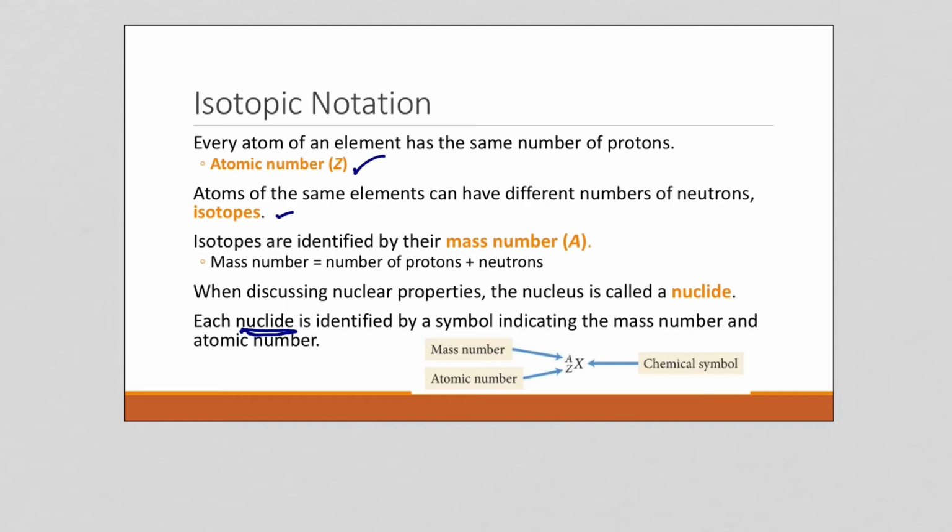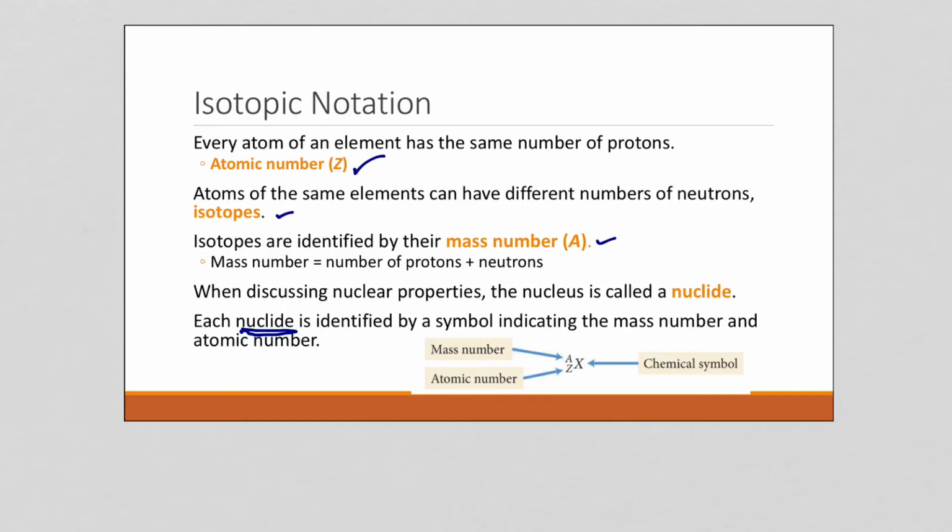And of course, the way that we identify that isotope is by using the other characteristic number of the nucleus, which is the mass number, abbreviated by the capital A, which is simply the number of nuclear particles: the number of protons plus the number of neutrons. So by using the atomic number and the mass number, we can characterize these isotopes, and these specific nuclides.